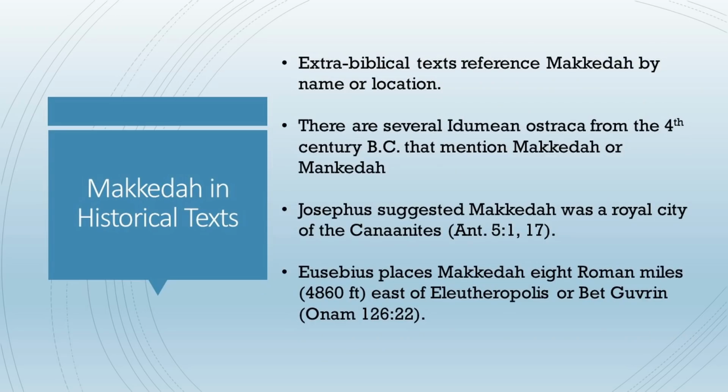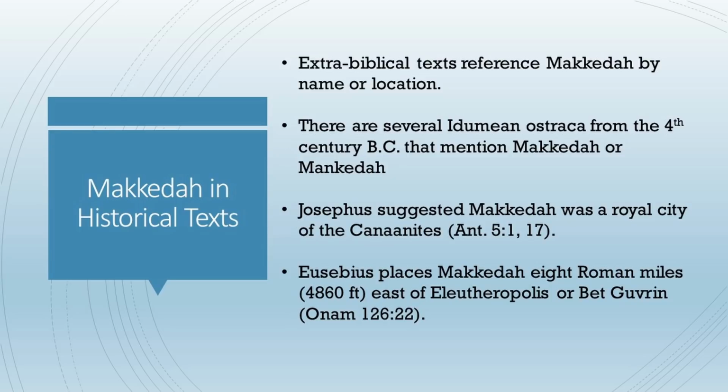Extra-biblical texts reference Makkedah by name and location. There are several, probably the most recent evidence in the last 40 or 50 years are over 2,000 Edomite ostraca from the 4th century BC that mention Makkedah. And I'll talk more about that later.